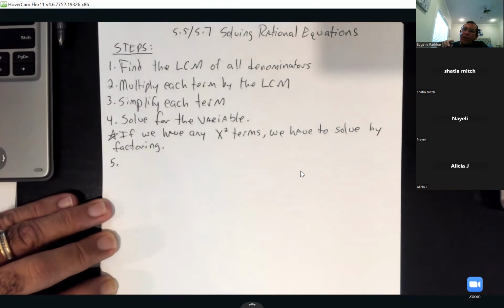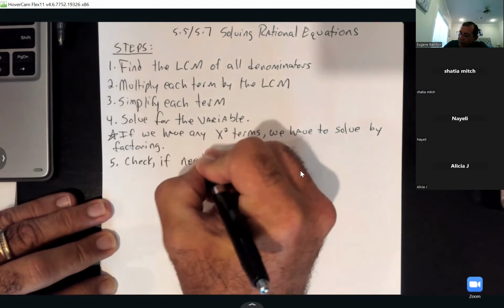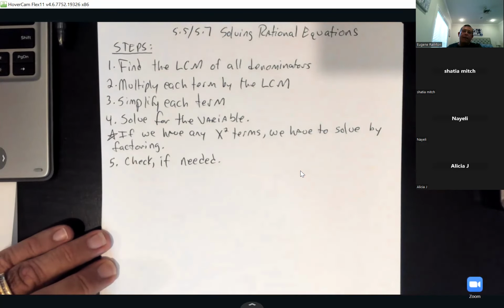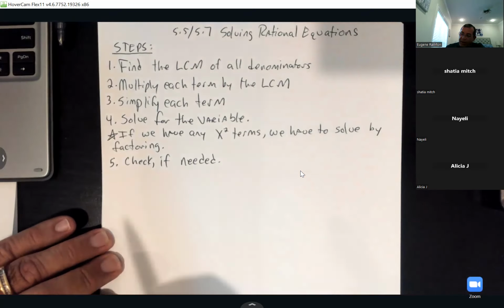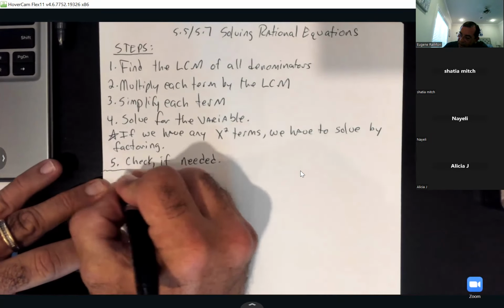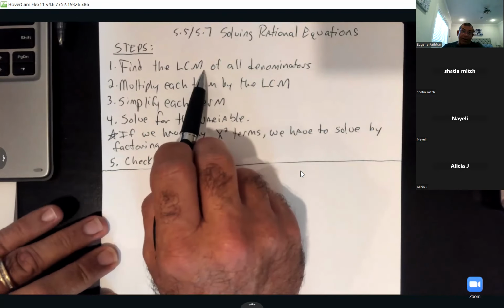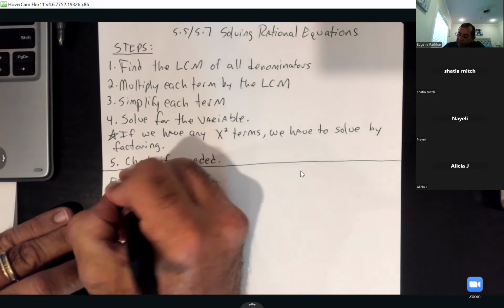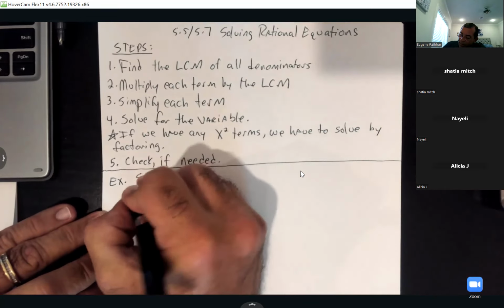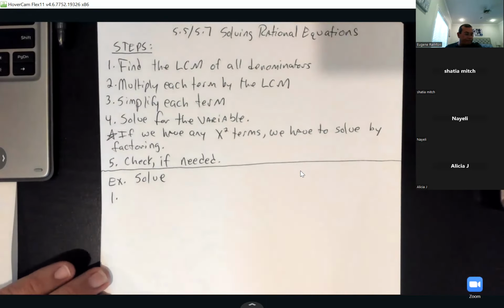And y'all, the last thing you do, if needed, is check it. Okay, so the trick on these fractions is to get rid of the fractions by using our LCM. But you know, that's the same thing, remember, as the least common denominator, okay? So in these examples, all they're going to say is solve, and then check if needed, okay?